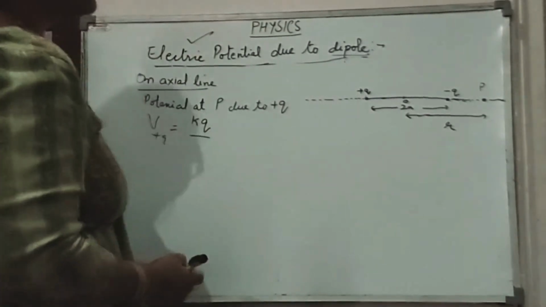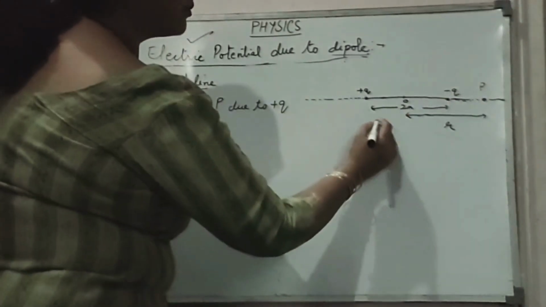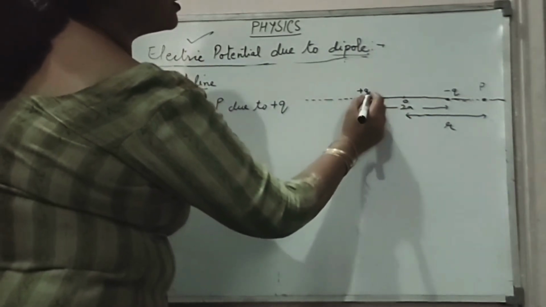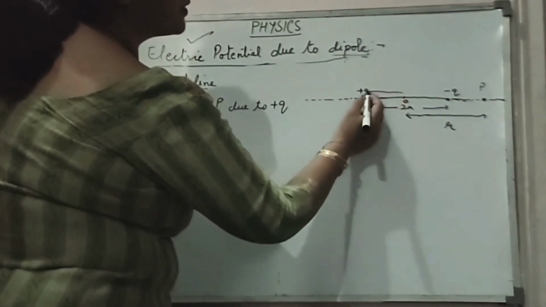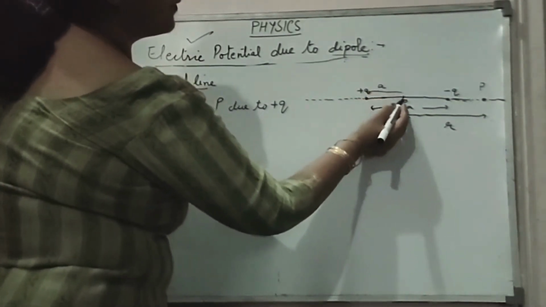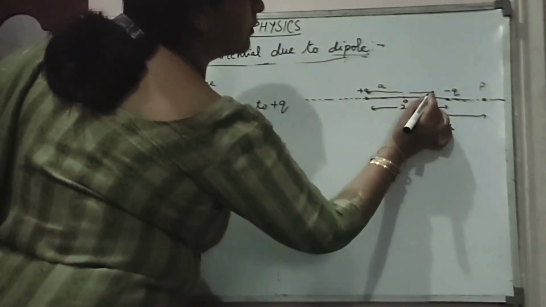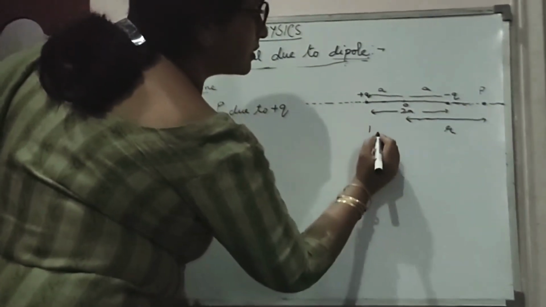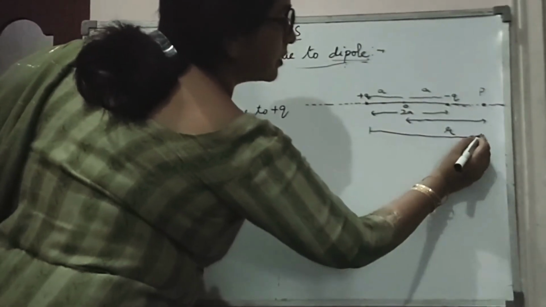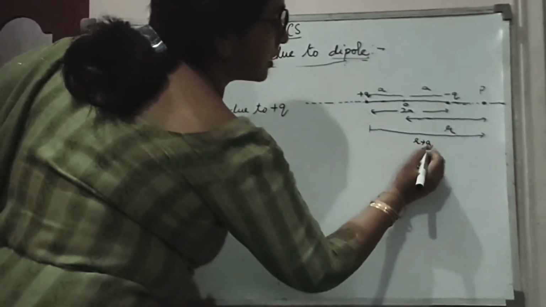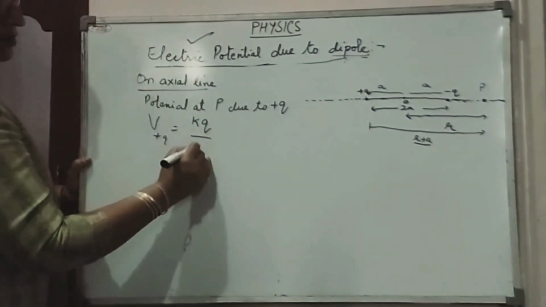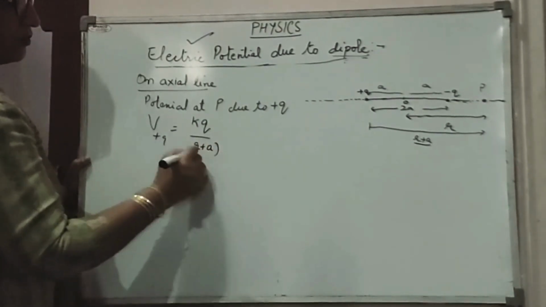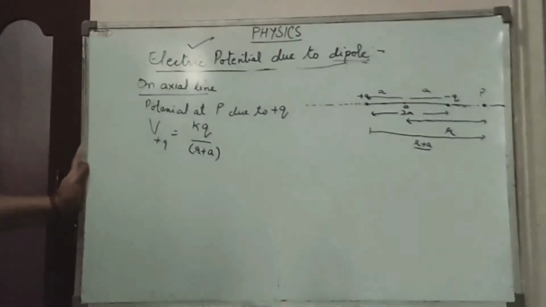What is the distance between the positive charge and point P? Because this is the center, the positive charge is at a distance A from the center, so this distance is R plus A. So it is KQ upon R plus A.